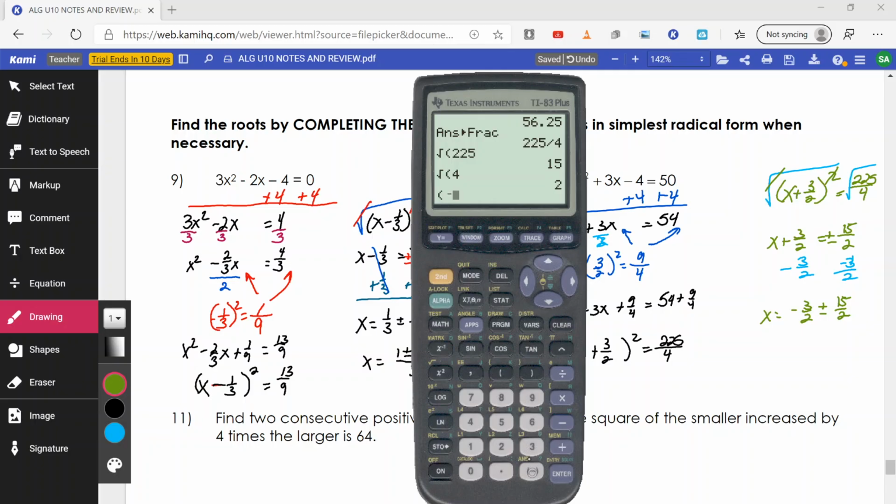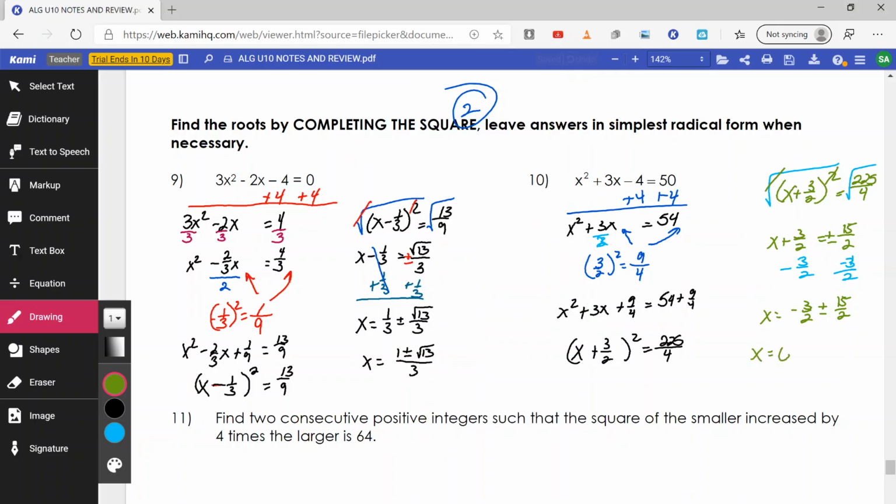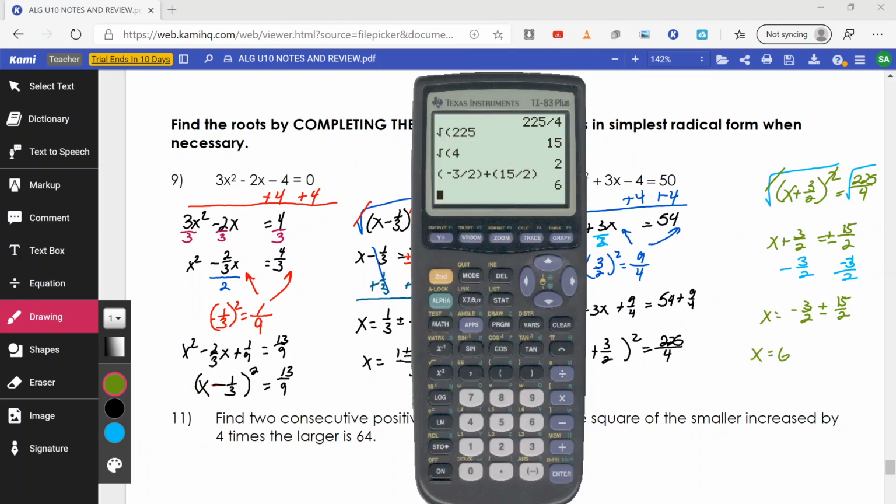So negative 3/2, and then one of them we're adding 15/2. I get 6. And then the other way, we're subtracting 15/2. So we have negative 3/2 minus 15/2. And I get negative 9.